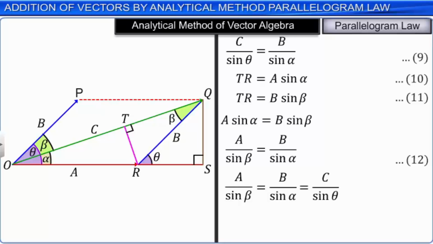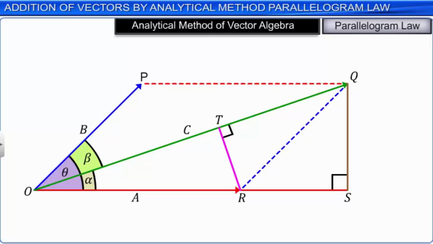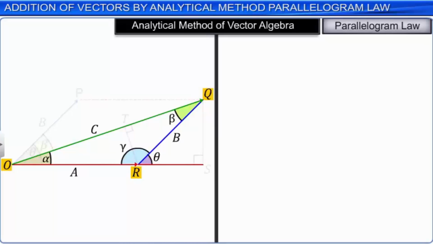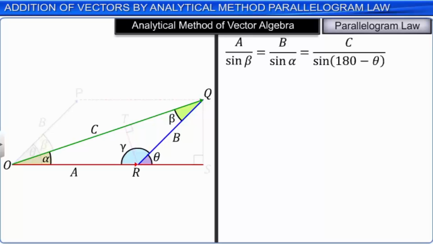Here, A by sin beta is equal to B by sin alpha is equal to C by sin of 180 minus theta. A by sin beta is equal to B by sin alpha is equal to C by sin gamma. Let this be equation 14. This equation is known as the law of sines.